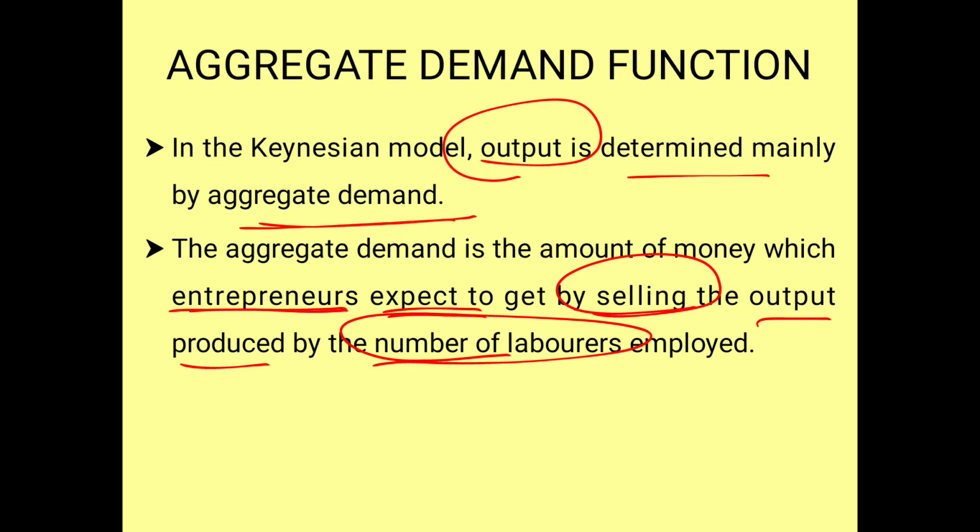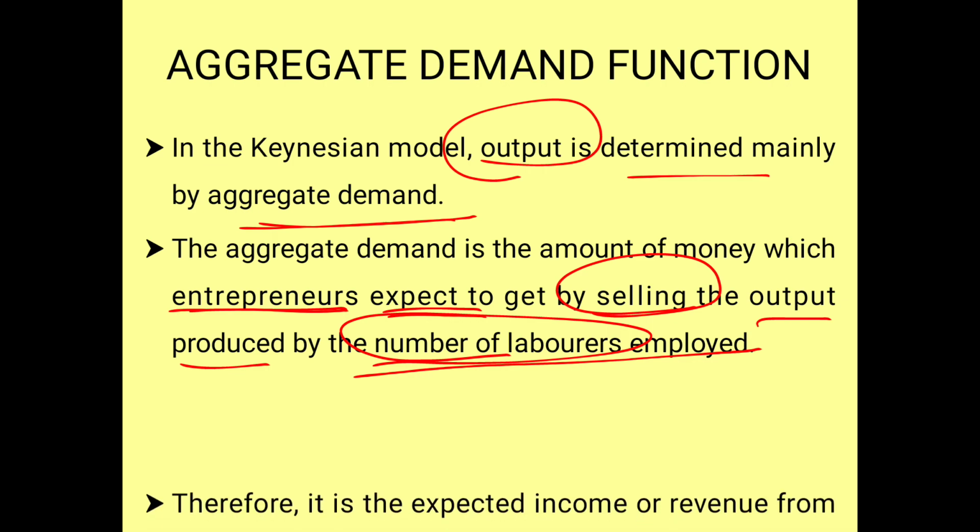He is spending money, expecting to sell the products that he has produced. The last product has to be sold in the market, produced by the number of laborers that he has employed.